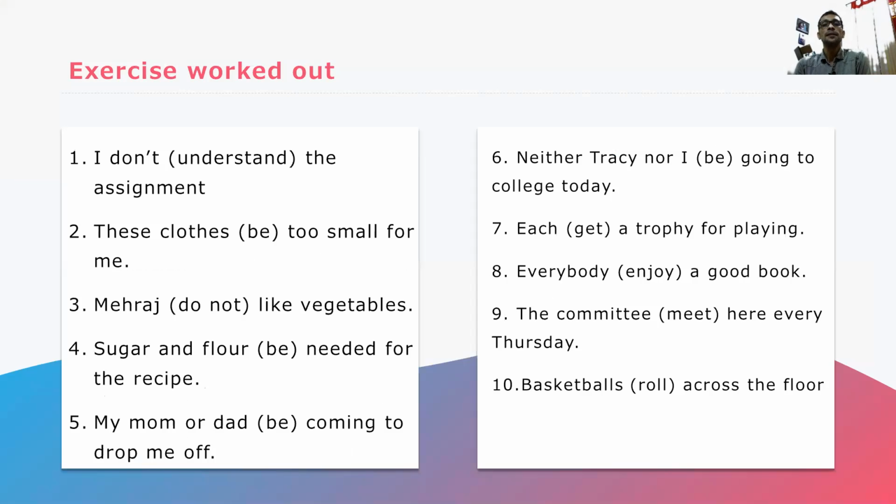Some exercises I'm going to give you, and you can try whether it's correct or not. Look at that. Number one, I don't understand the assignment. These clothes be too small for me. Mehraj do not like vegetables. Sugar and flour be needed for the recipe. My mom and dad be coming to drop me off.